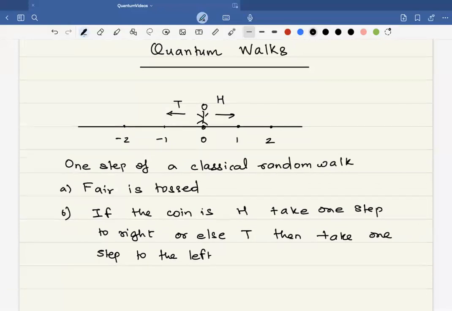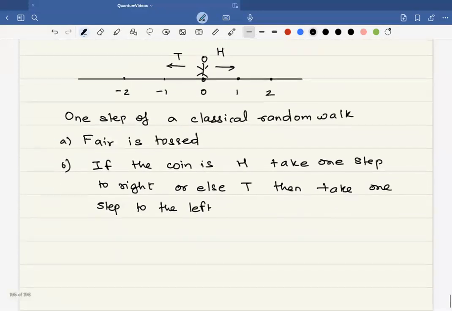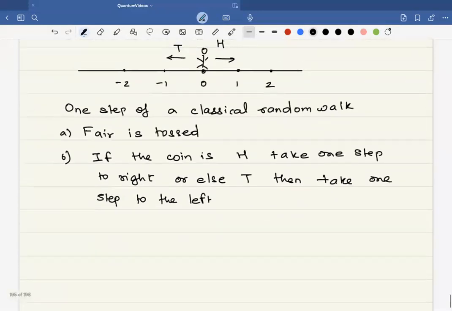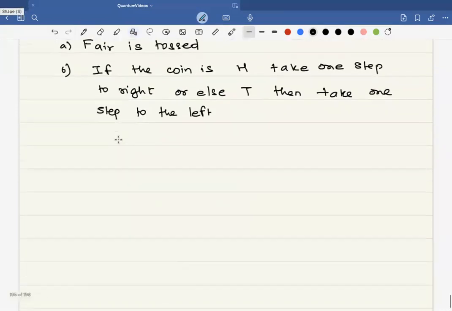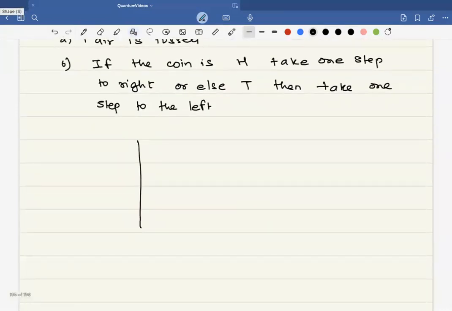So in the case of a classical walk, one can visualize the classical walk also in the following way. So we can plot a graph. So let me just draw a graph of a classical walker. So this is another way of visualizing a walk.